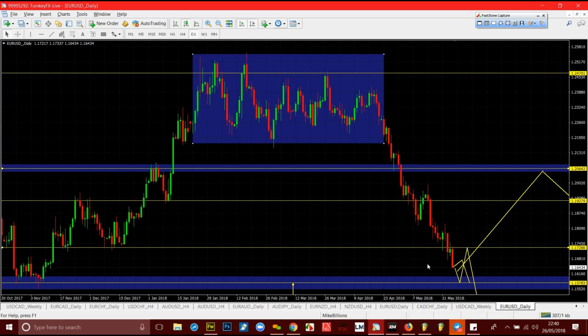So with that said, I'm not taking this trade until I see it clearly get to this level, or I see it break out of this level, or when it gets here, I see a good confirmation to trade it to the upside. Let me see how many pips from here to that.